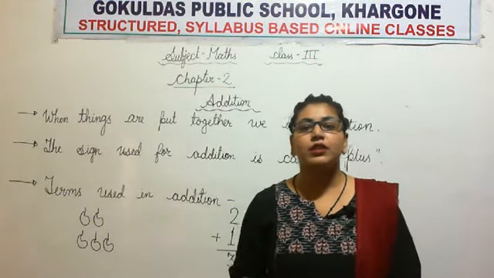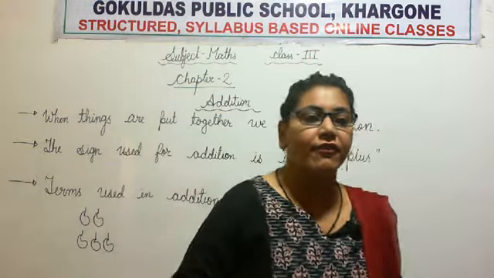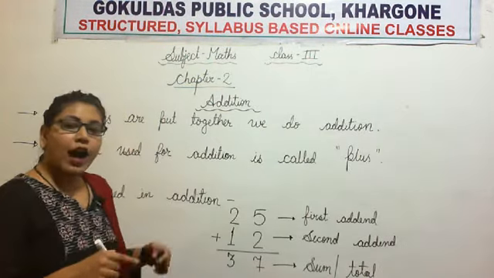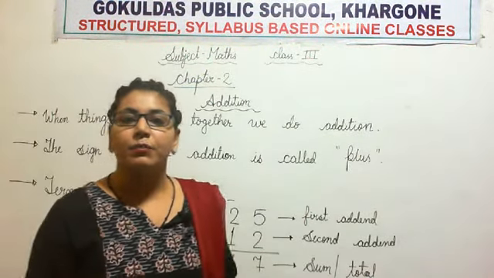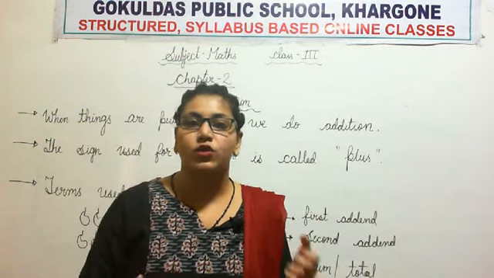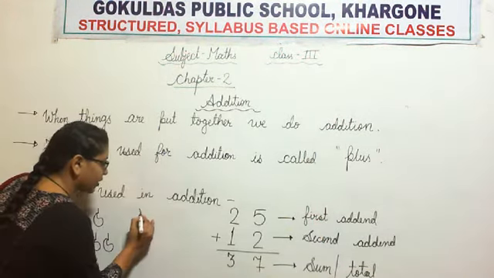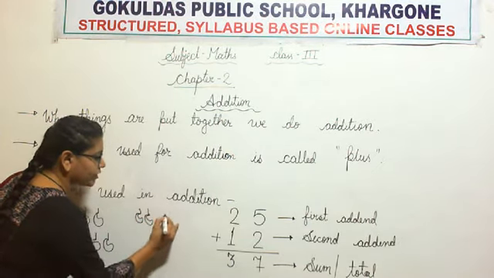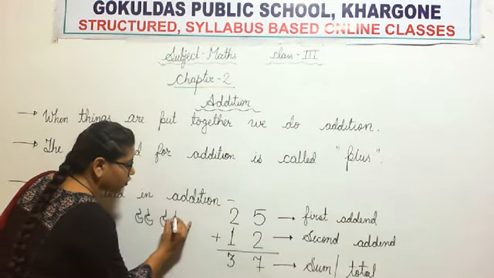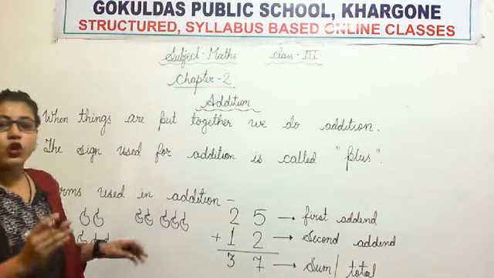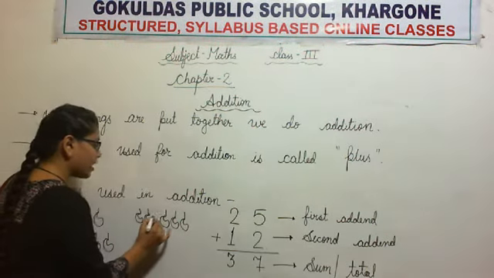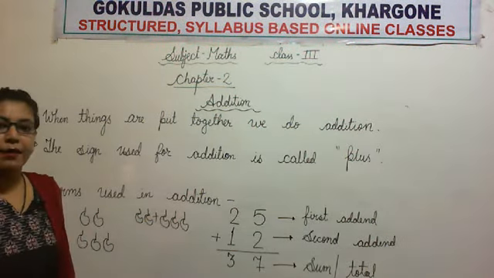How many total mangoes are you having? You have to put these 2 mangoes and these 3 mangoes which I have given to you together for counting them.